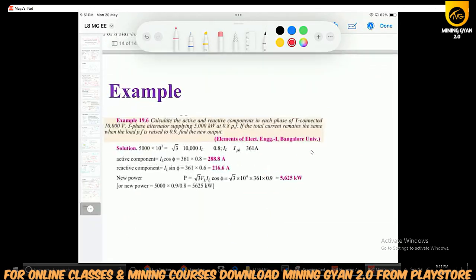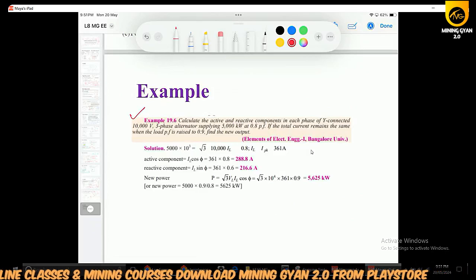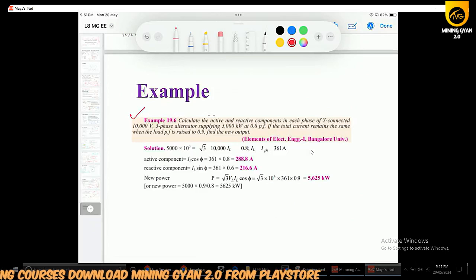Then in the third example, what they are asking, calculate the active and reactive components in each phase of a star connected 10,000 volts three phase alternator. Alternator means AC generator. That is supplying 5,000 kilowatt.